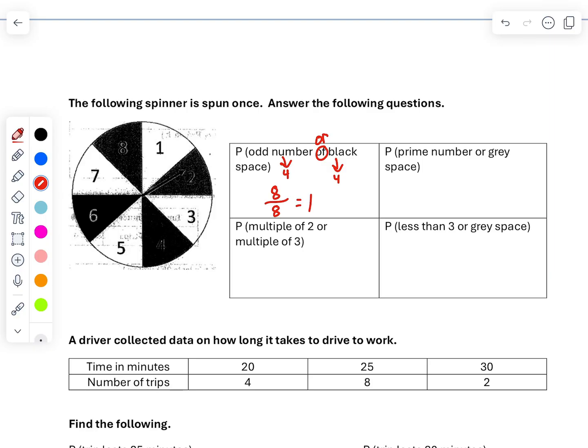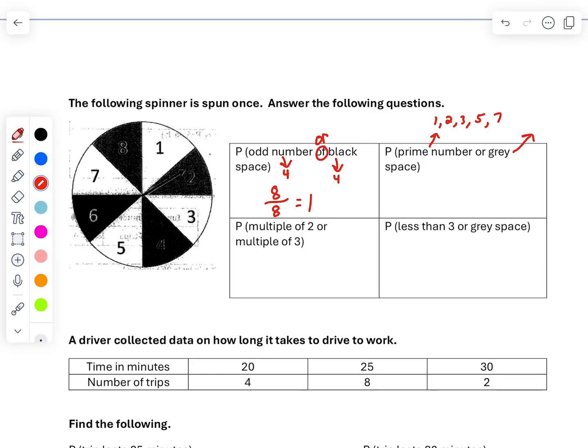The second one there says probability of a prime number or gray space. So our prime numbers would be our 1, our 2, our 3, our 5, and our 7. So there are 5 of those.